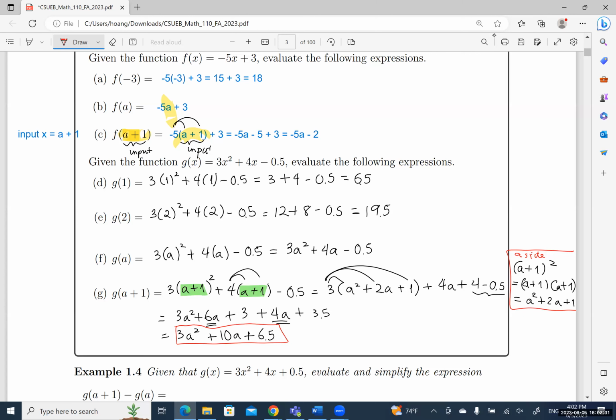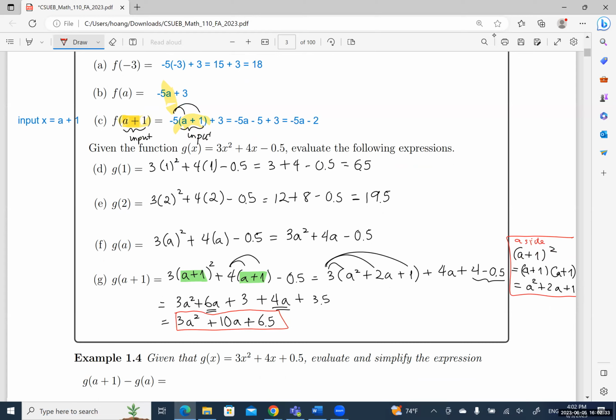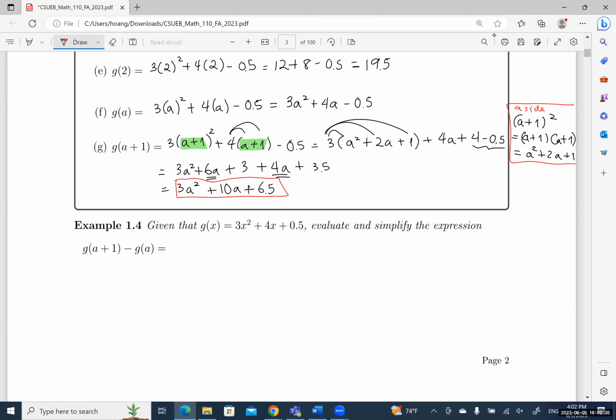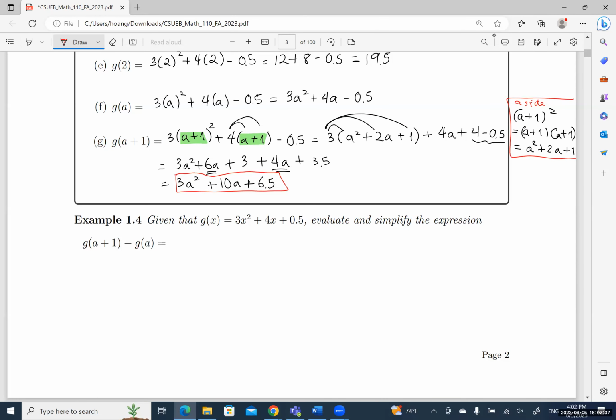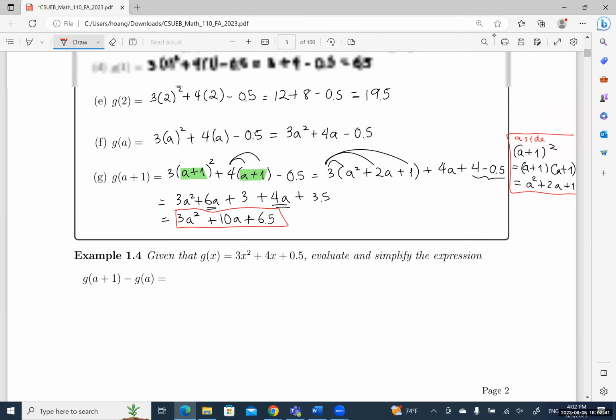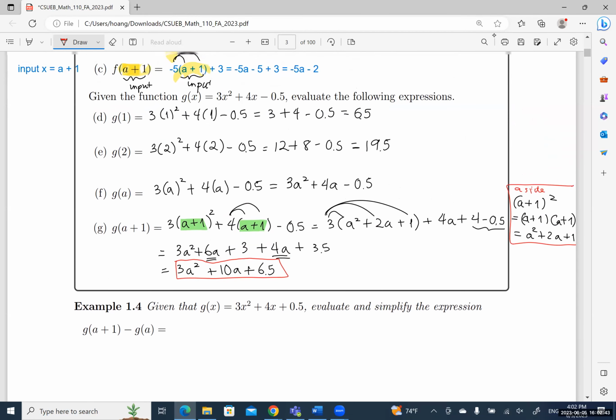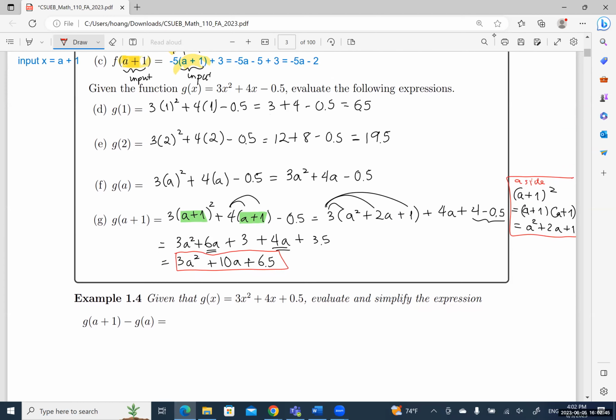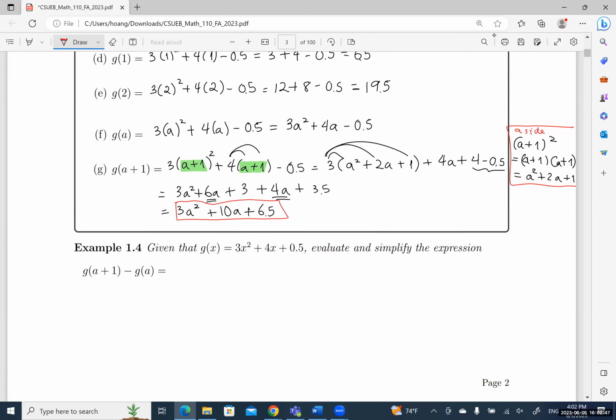According to this problem, we can go ahead and handle example 1.4 here. We did have g of A plus 1 already, right? Wait a second, let me see.